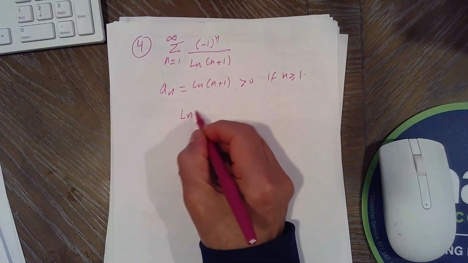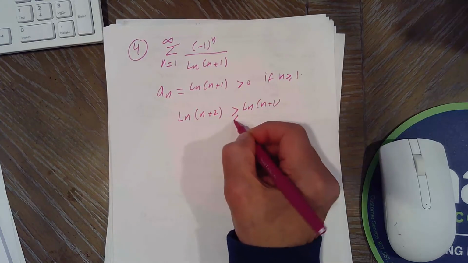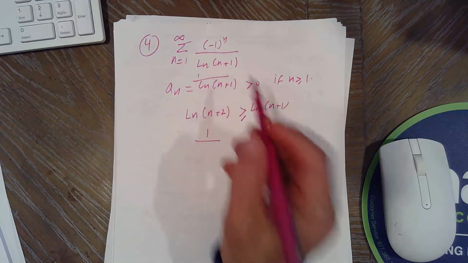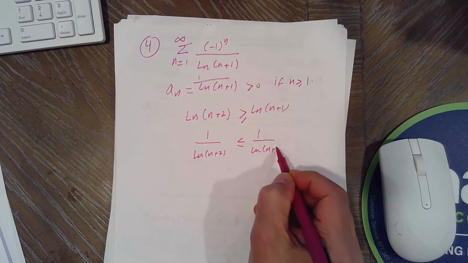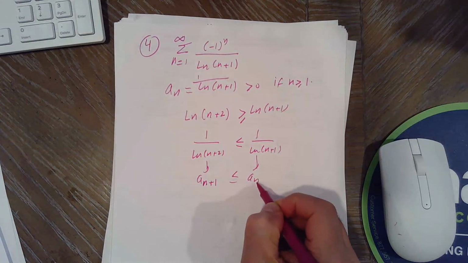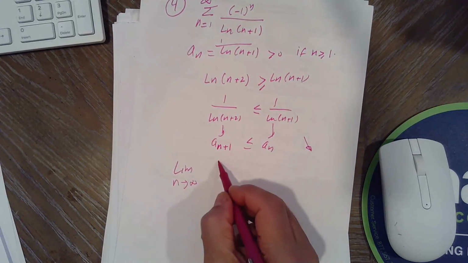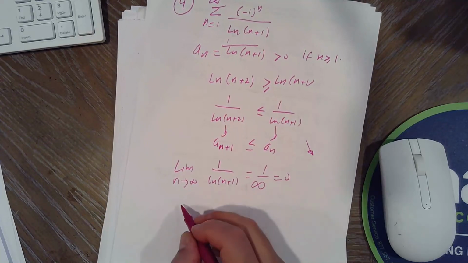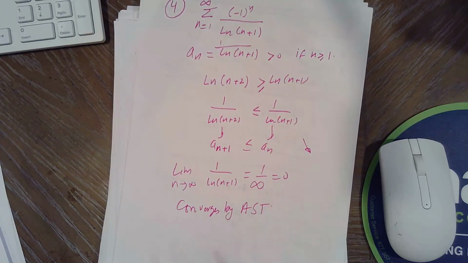We also know that ln of n plus 2 is greater than or equal to ln of n plus 1, so 1 over ln of n plus 2 is less or equal to 1 over ln of n plus 1. So an plus 1 is less or equal to an, so it's decreasing, and the limit as n goes to infinity of an is 1 over infinity, which is 0, so it converges by the alternating series test.